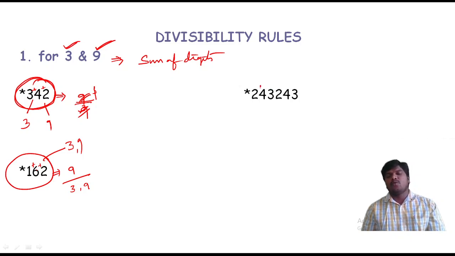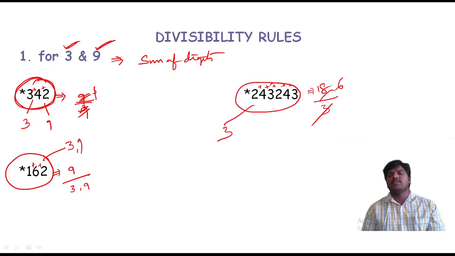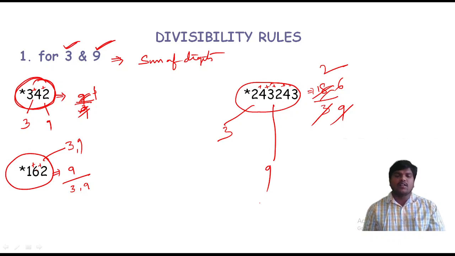Let us check: 2 plus 4 is 6, plus 3 is 9. Yes, 9 is divisible by 3 and by 9. So the whole number is divisible by 3 as well as 9. So this is the rule for 3 and 9.